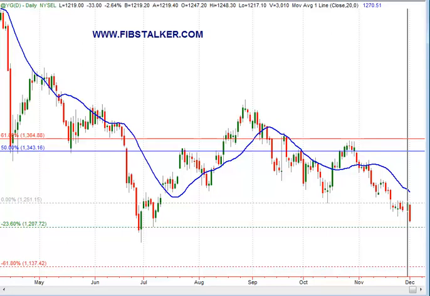Otherwise, the dollar will continue lower, and keep in mind that a lot of gold miners, they did not start hedging just yet, which means that they didn't short futures in order to hedge themselves, which means that the potential for gold to keep moving higher is still there, keep moving lower is still there.